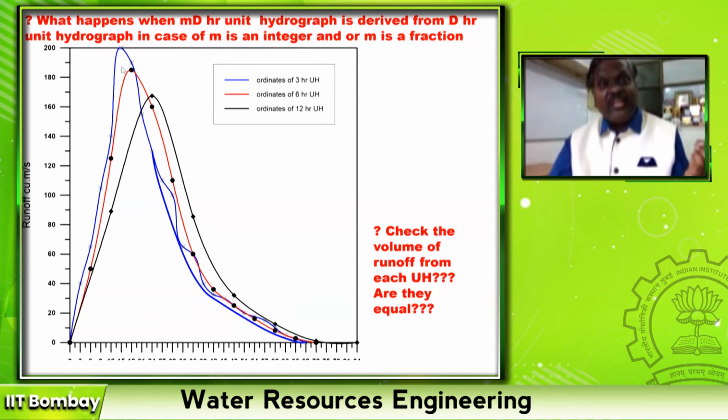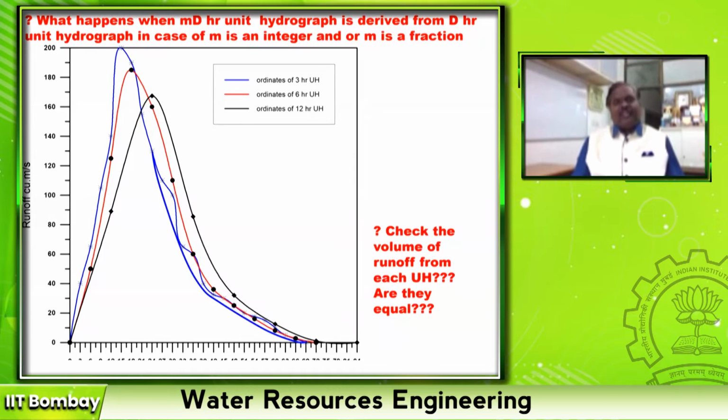When I estimate the area of this unit hydrograph, all 3 areas are the same, right? So when I reduce the duration, my peak is increased and base time reduces. When I increase the duration of the unit hydrograph, my peak reduces and base time increases. Then what is a flood hydrograph? What is a direct runoff hydrograph?